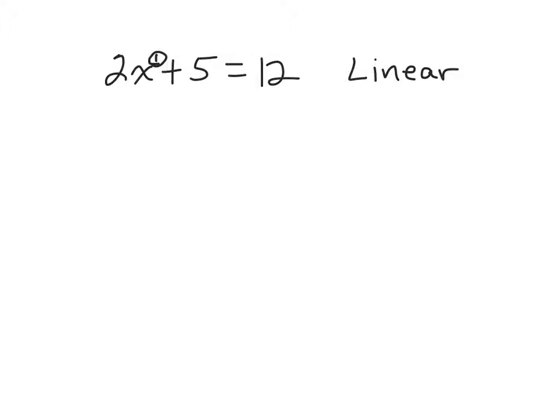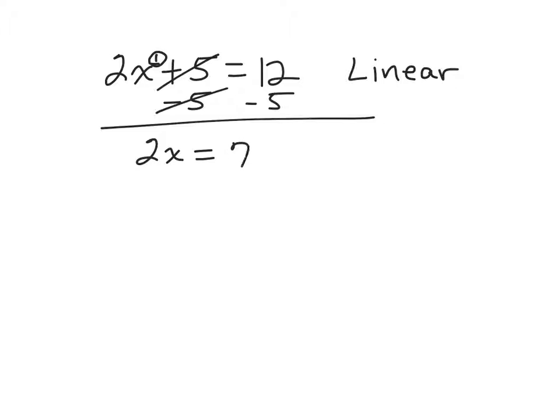So to do that, we could get rid of the 5 by subtracting 5 on both sides. Get 2x equal to 7. And divide by 2. And get x equal to 7/2.